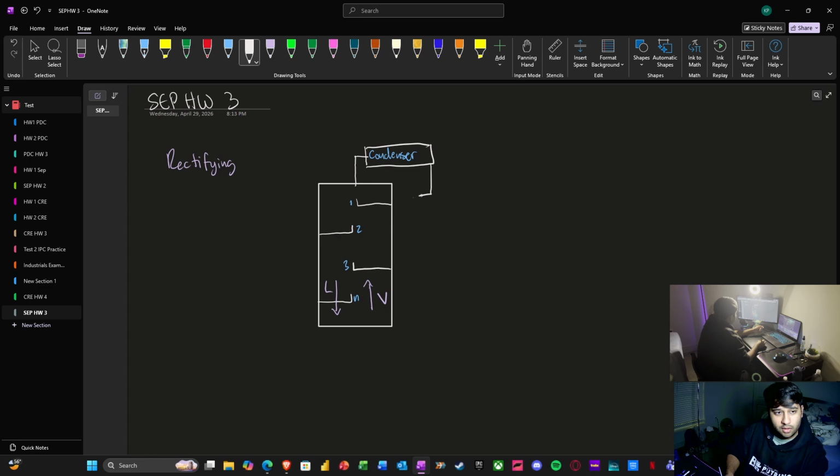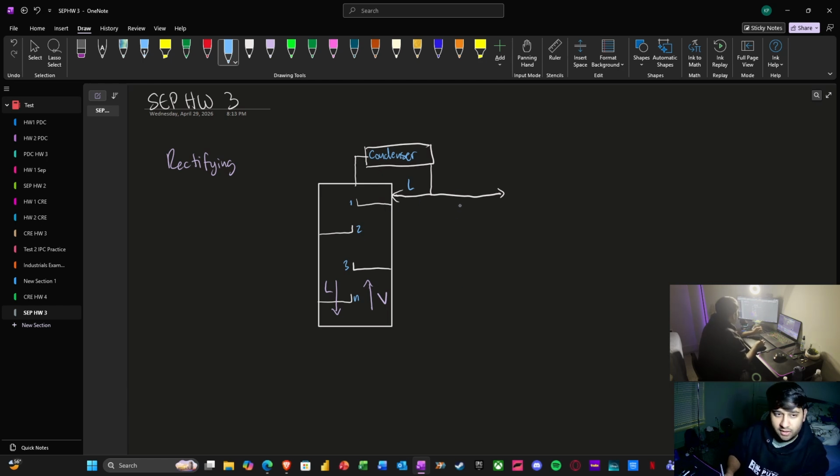Then it's going to come out, and it's going to have a re-entry and exit. So basically, the vapor that goes through will be condensed into liquid, and the stuff we do not want, we will run back to gain any more vapor that we can out of it, or for disposal purposes within this distillation column.